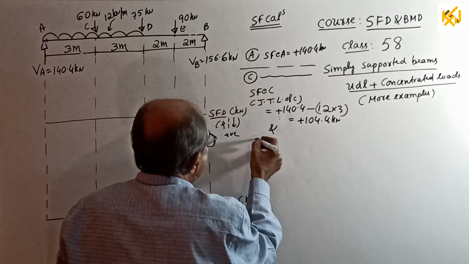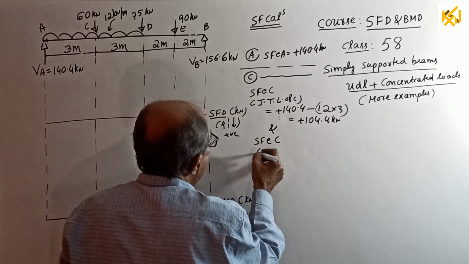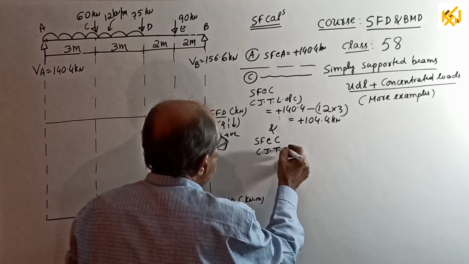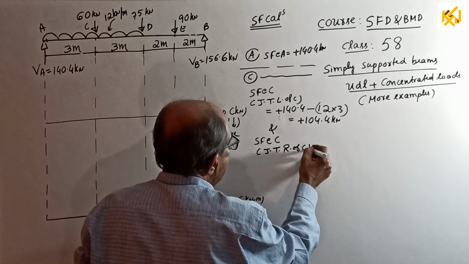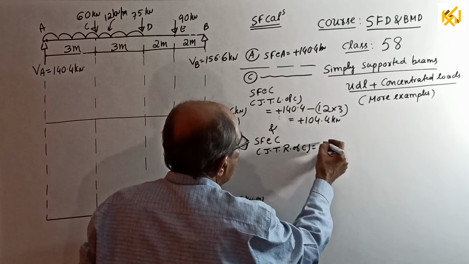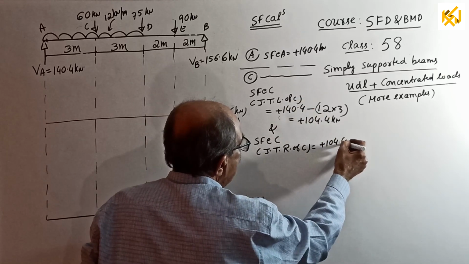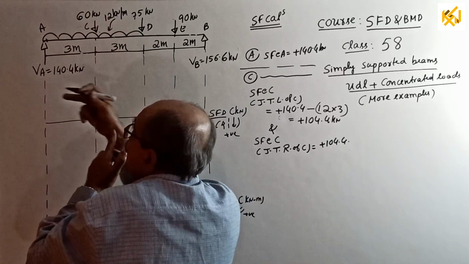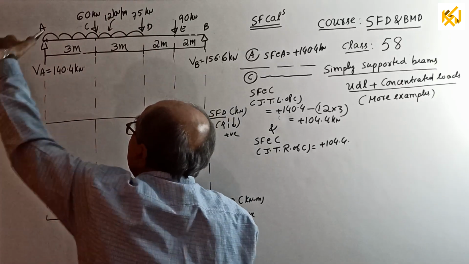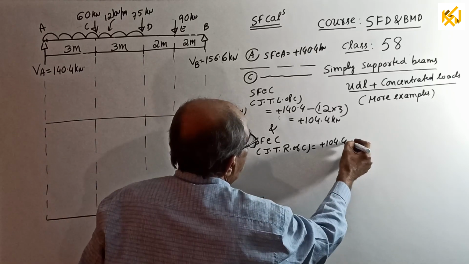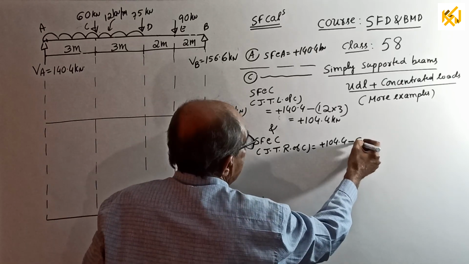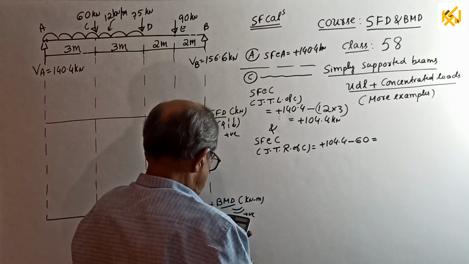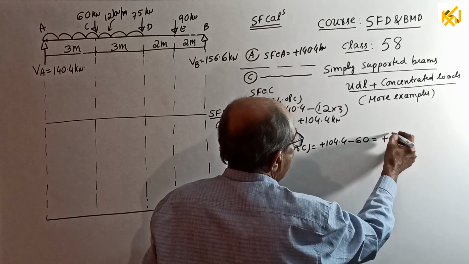And shearing force at C just to right of C equal to just to left you got, plus 104.4. Then when you come to just to right, you are considering the left side, down is negative, so minus 60 equal to plus 44.4 kilonewton.